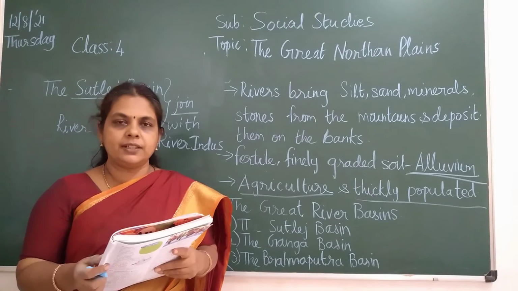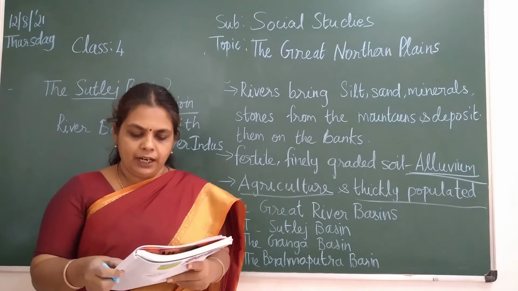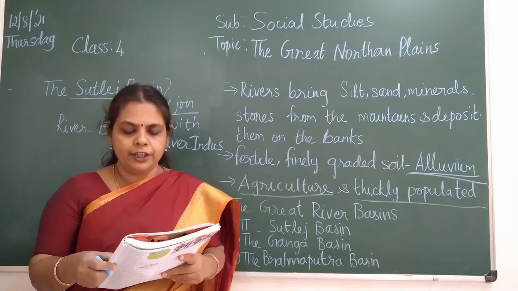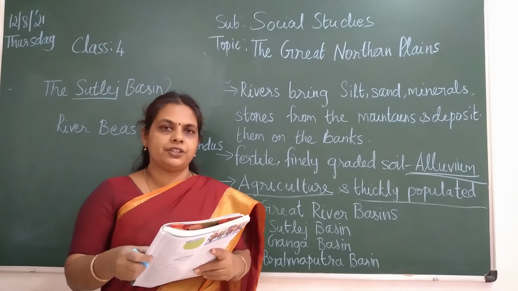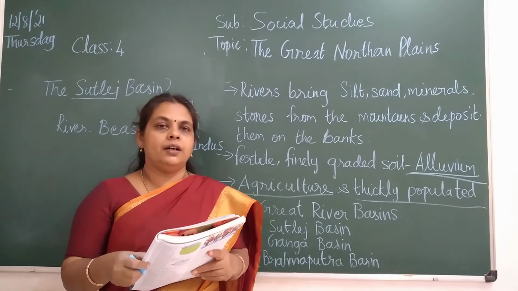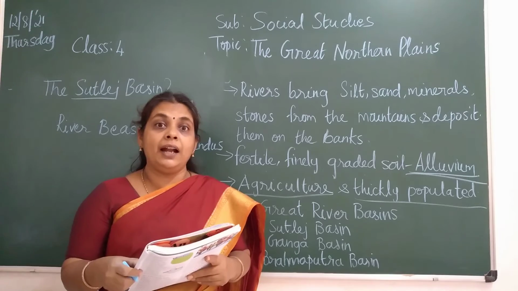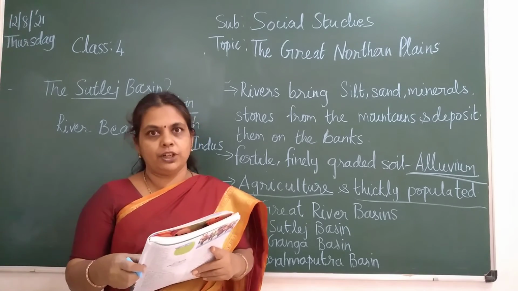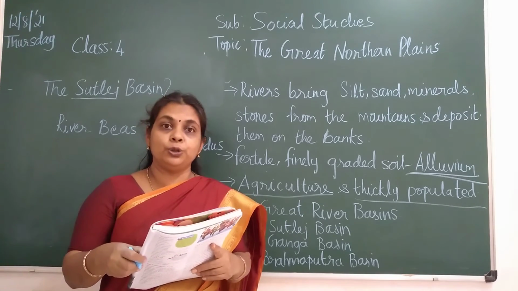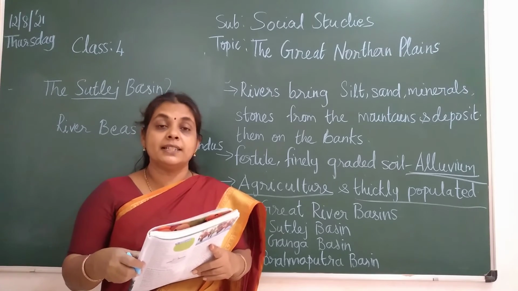Agriculture is the main occupation, and mainly wheat, and then rice, cotton and sugarcane are grown here, children. Punjab is very famous for its wheat growing regions. Actually it is called the land of five rivers. Five rivers flow through Punjab, children: Ravi, Beas, Jhelum, Chenab, Sutlej.